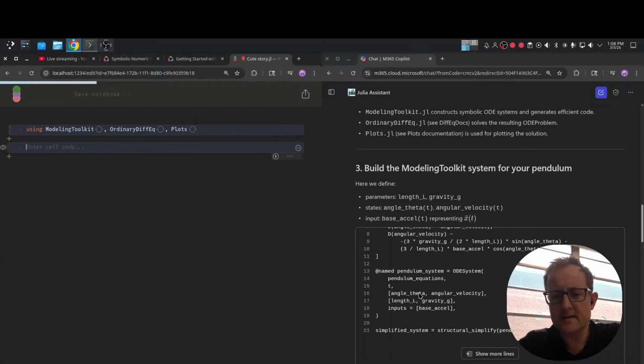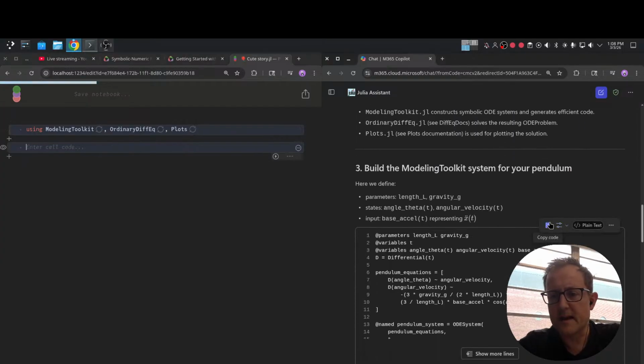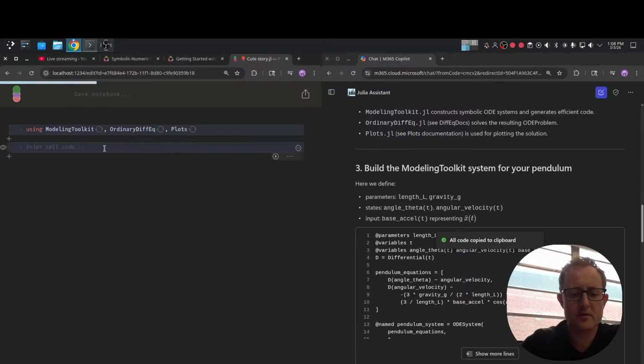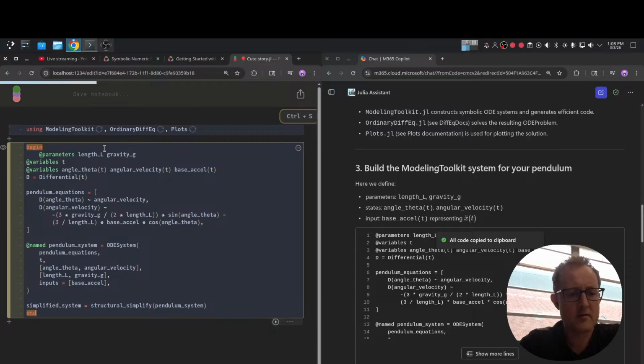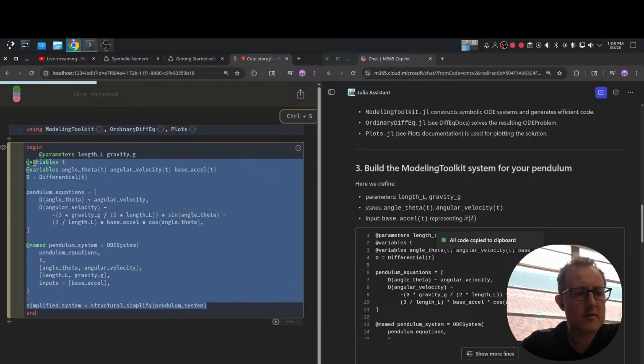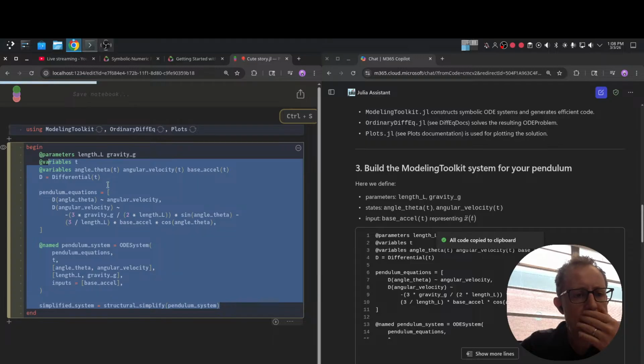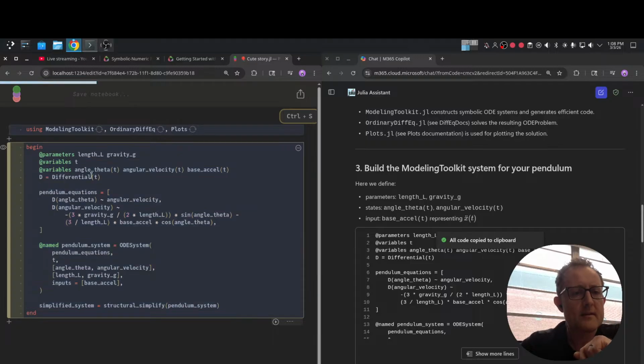So we'll load that stuff up, and while that's loading, I'll come down and grab this next block of code. Tab that over. I don't love this length L, but that's okay.